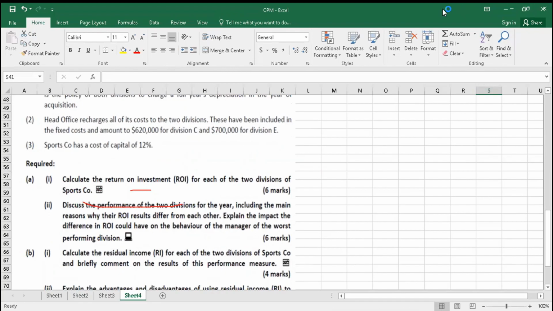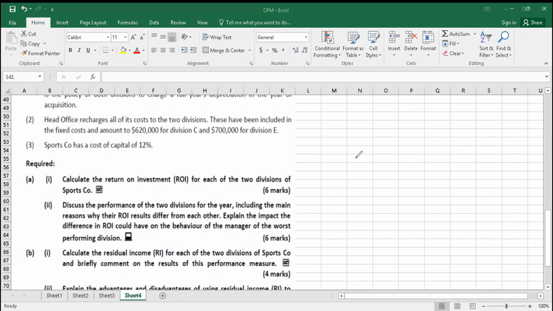Second bit: discuss the performance of the two divisions for the year, including the main reasons why their ROI results differ from each other. Explain the impact the difference in ROI could have on the behavior of the manager of the worst performing division. So we are converting them into percentages.